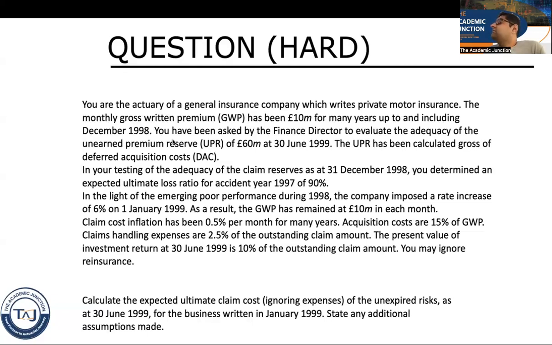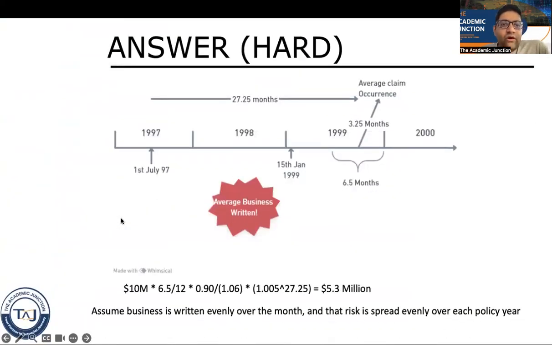As at 30th June. No, it's not as at 30th June. The key over here is unexpired risks as at 30th June. You have to inflate from 1st July 1997. There is no question around that.